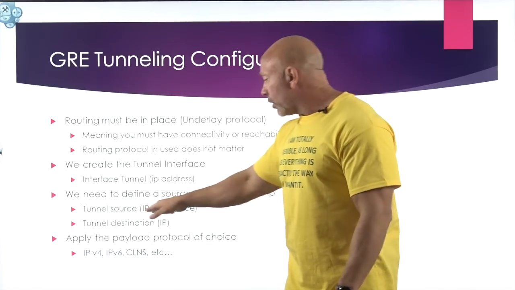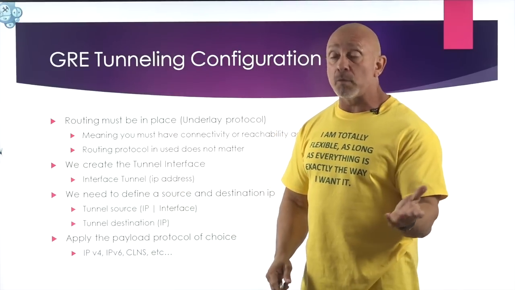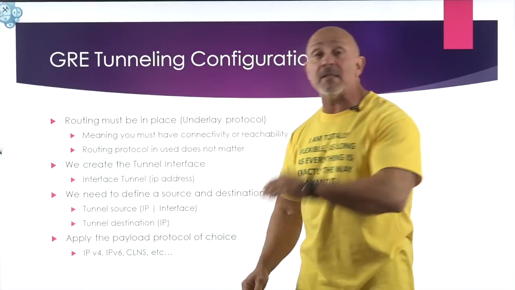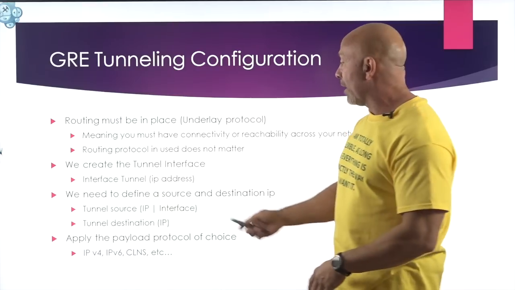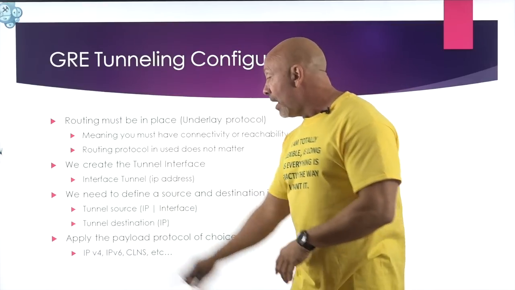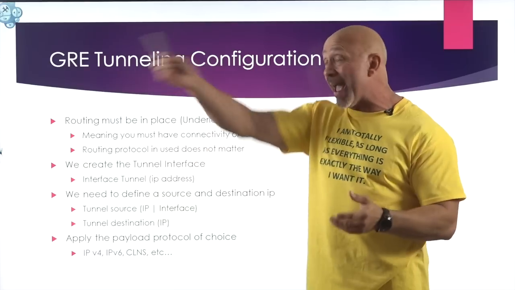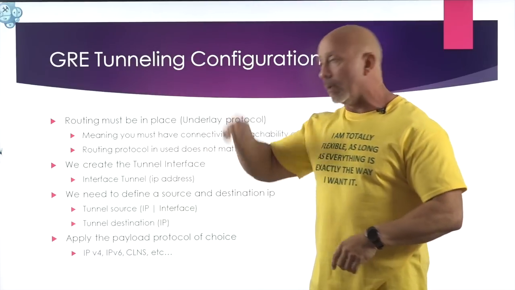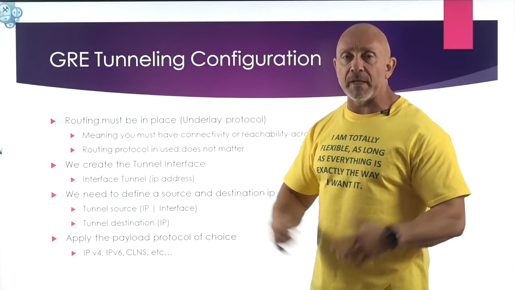So the tunnel source can be an IP address or can be an interface, whether it's a physical interface or a loopback interface. It does not matter, as long as you have where you're sourcing it from. And then, of course, you have your destination. Where is this tunnel going to end? So you've got to let it know, again, an IP address or an actual physical interface or loopback.